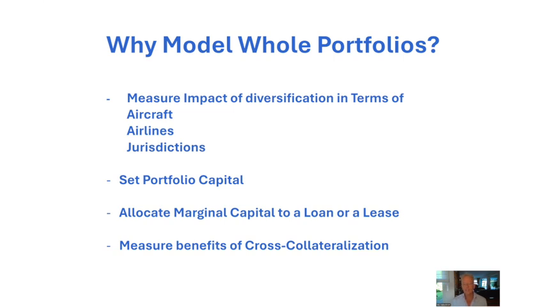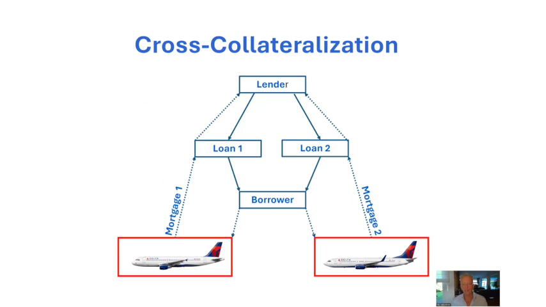And then modeling portfolios also means that we could measure the benefits and effects of cross-collateralization. So cross-collateralization, let me just explain that concept. It's a concept that you will find in loans. So suppose that you have two loans to the same borrower.